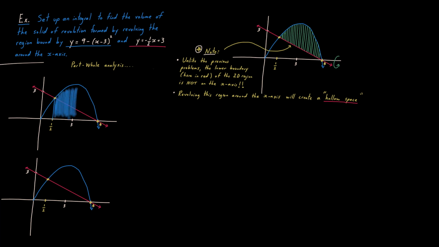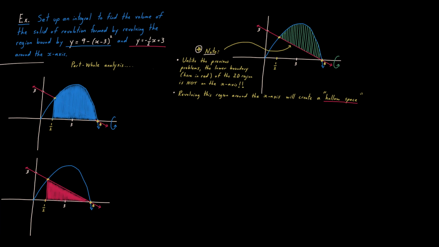Well, we just engage in a simple part-whole analysis that we started in the beginning of high school. I'm going to represent the 3D region I'm trying to find with 3D regions I know how to express immediately in integral form.